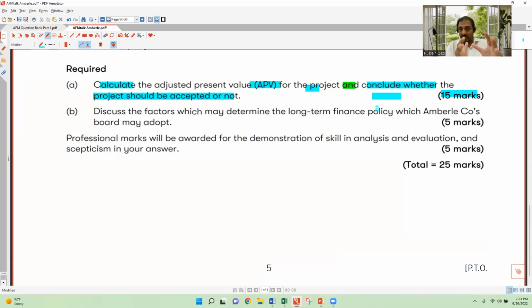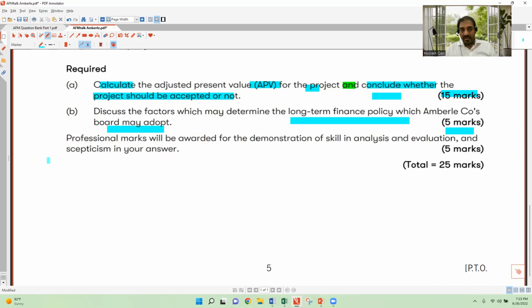The drafting of the conclusion has separate marks, and the calculation of APV has separate marks. We will discuss that here. Part B: discuss the factors which may determine the long-term finance policy which Amberle's board may adopt, 5 marks.